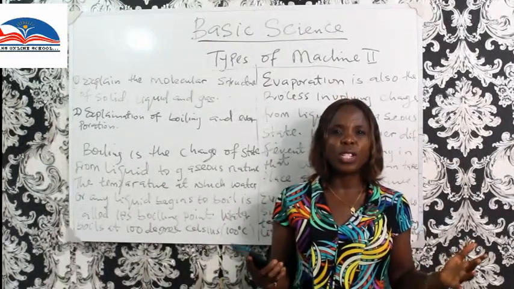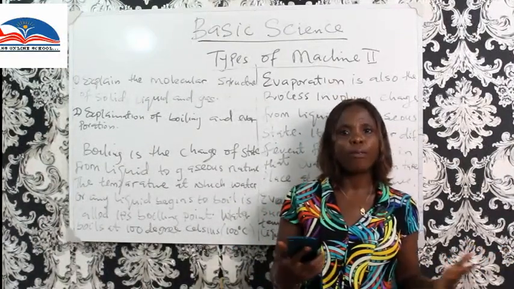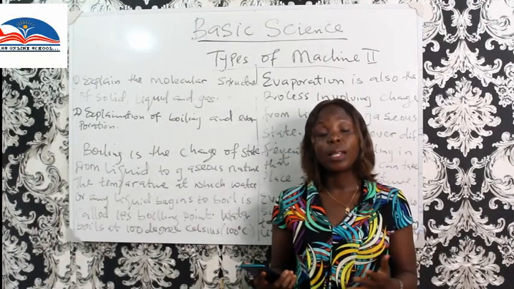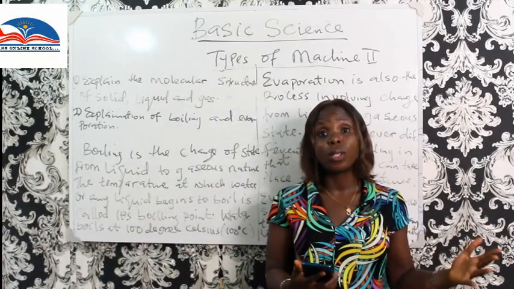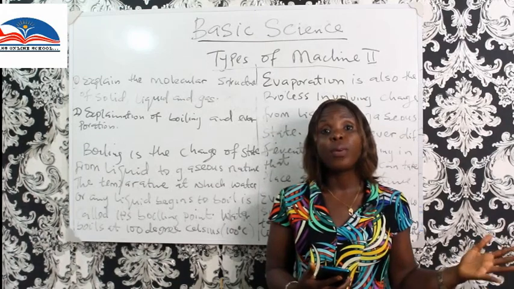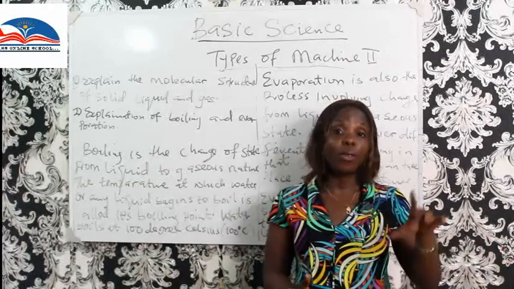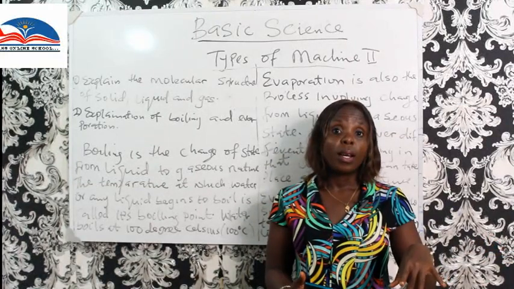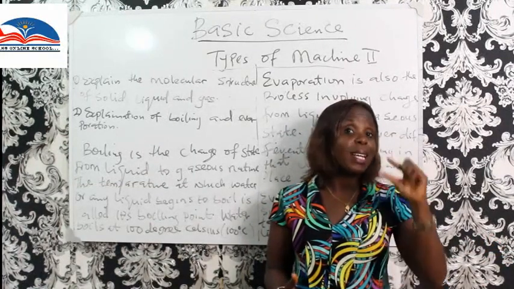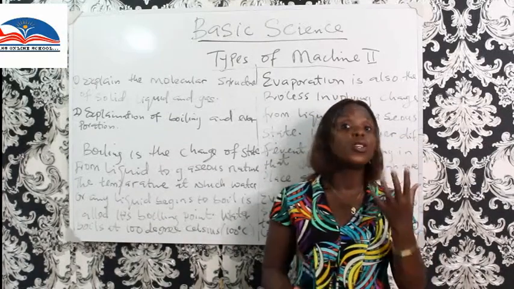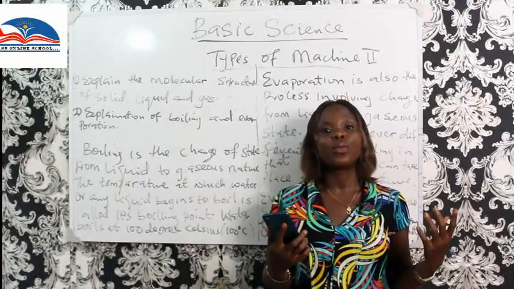That's when you differentiate between boiling and evaporation. That's when you see evaporation happening without boiling, for the ice cube. But boiling has to get to its boiling point before you see those bubbles coming out.